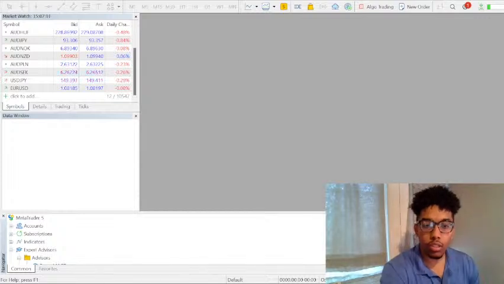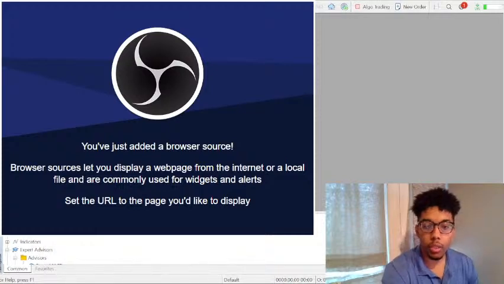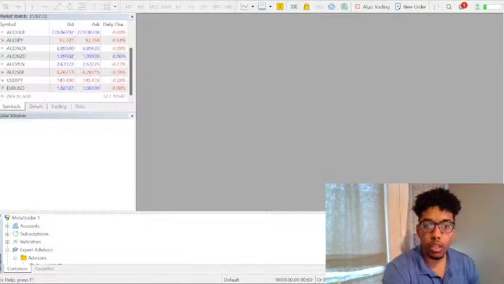Why is this difficult? I know how to do this. I need to go to browser, URL. Oh, I can literally have a browser in here. Interesting, I never played around with that. But for now, we'll just go to the window capture.